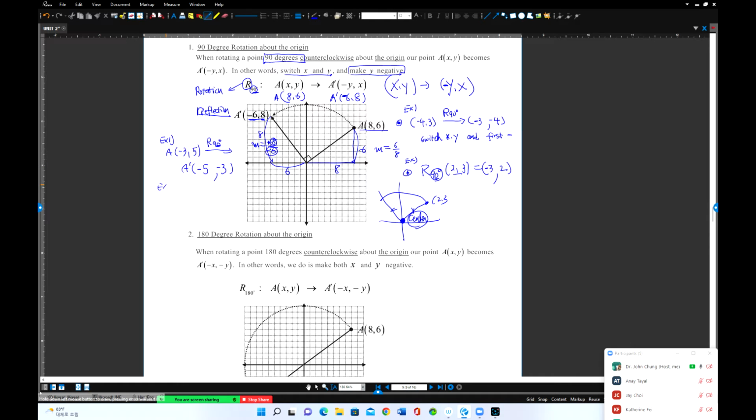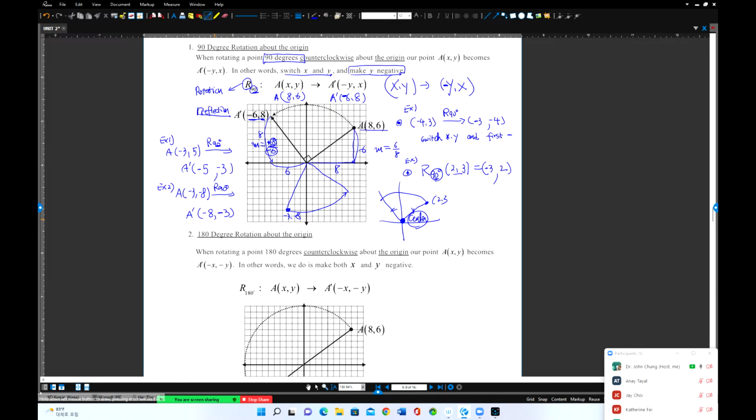One more, and after this we'll go on. We have this one, (-3, -8). Where is (-3, -8) over here? Rotation 90 degrees. What is the coordinate of the image? Switch X and Y: negative 8, negative 3.